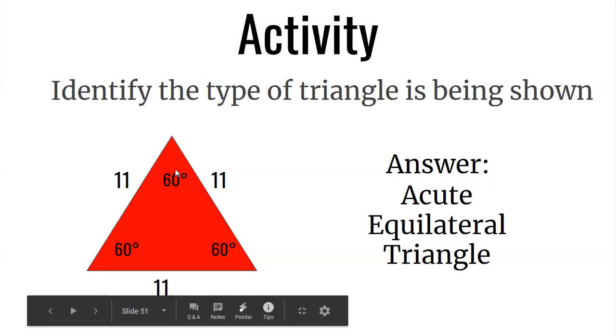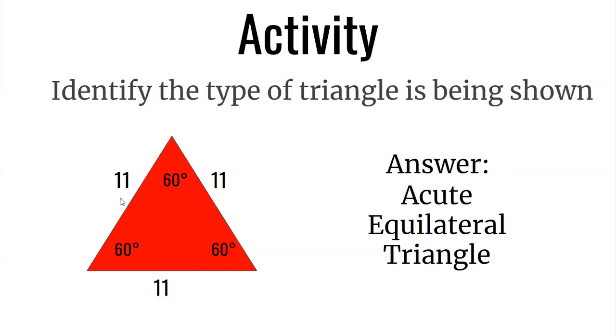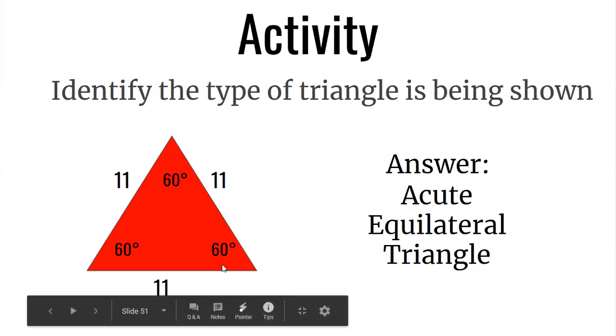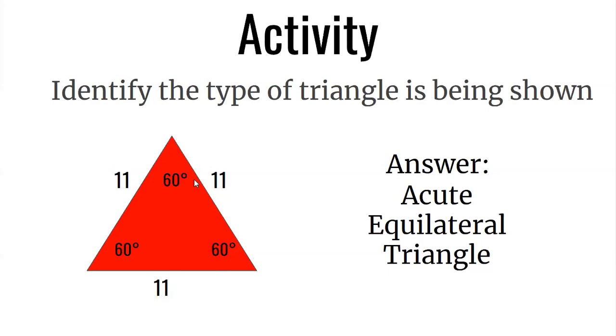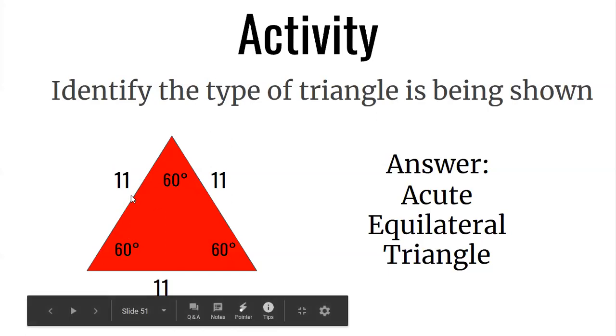It is acute because all the angles are less than 90 degrees. And it is equilateral because all the sides are equal to each other. And if you notice this, if all the sides of a triangle are equal to each other, that means that the angles are also all equal to each other.